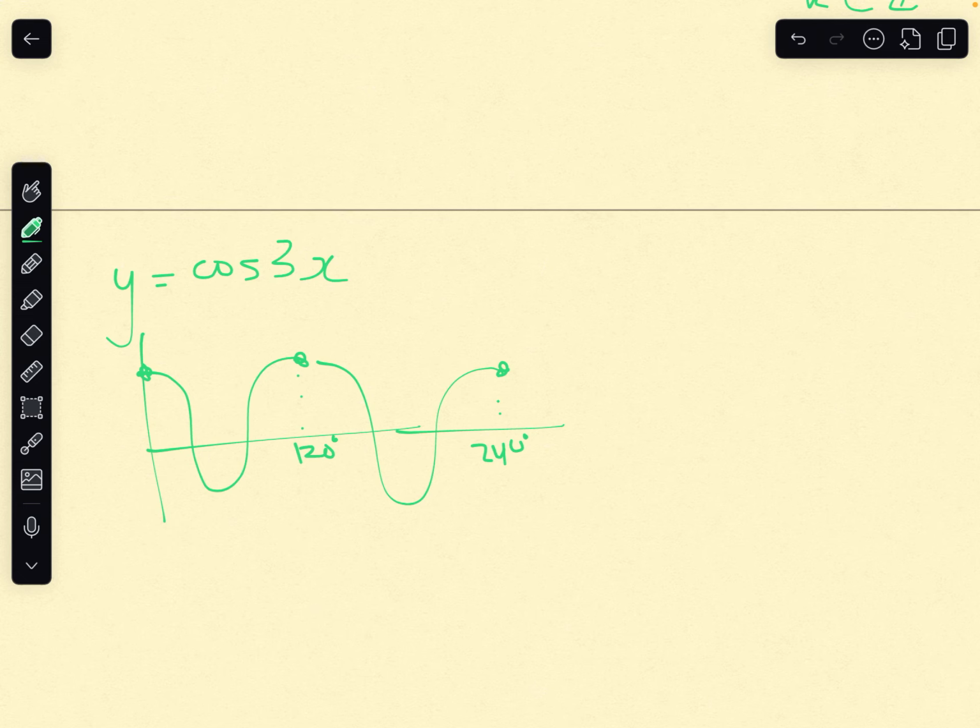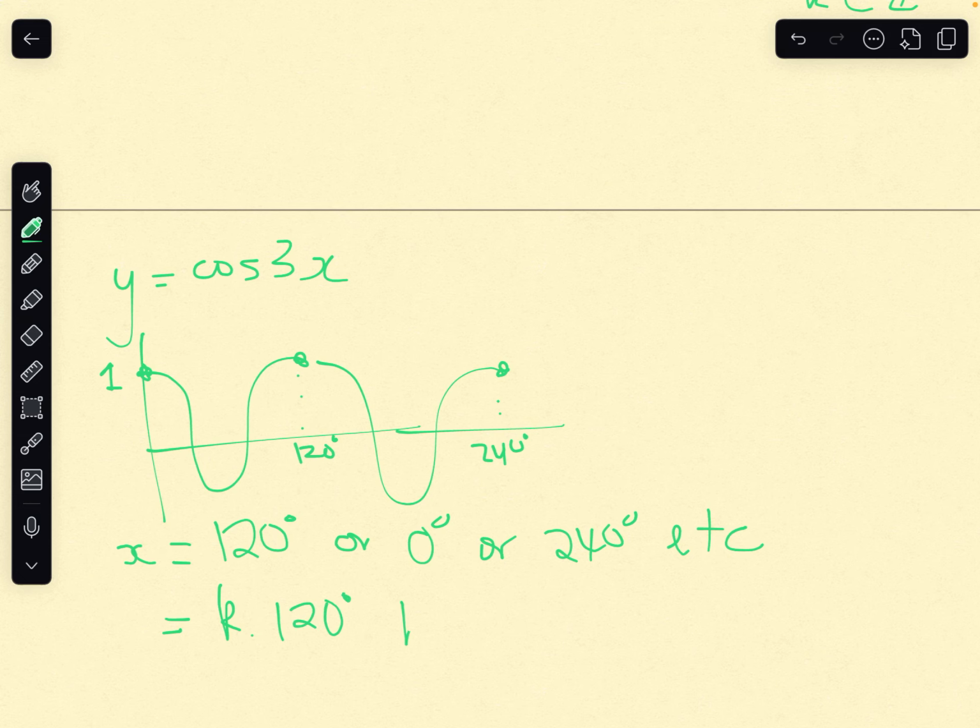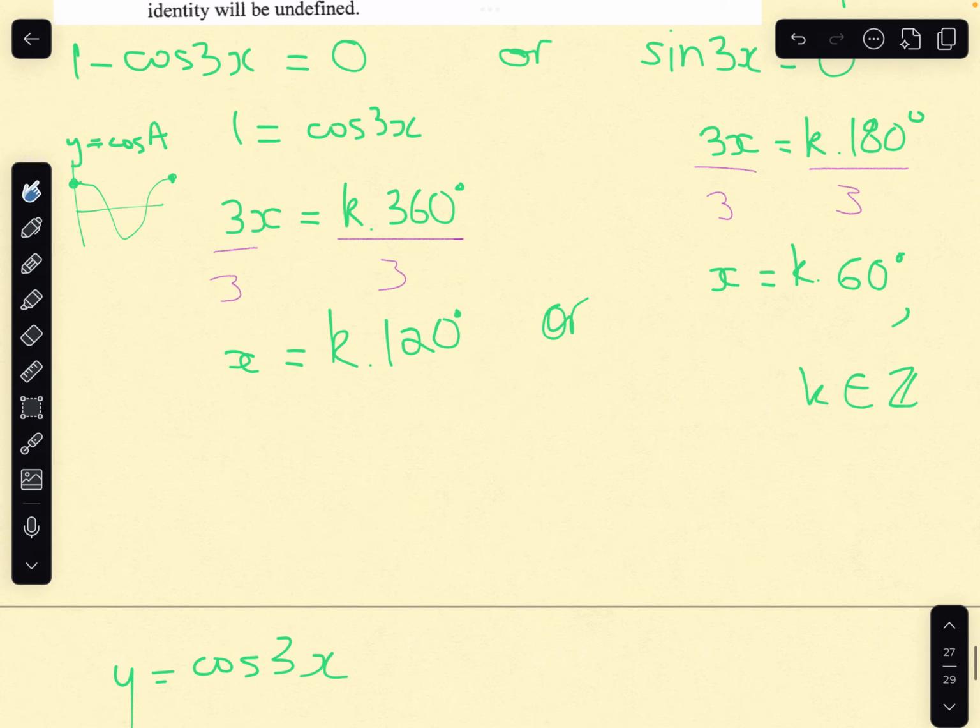So then your solution would be that y is equal to 1 when x is equal to 120 or 0 or 240, etc. Or in other words, x is equal to k times 120, where k is some integer. And that is what we do indeed have as our answer there.